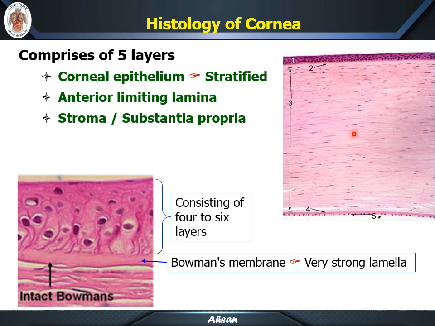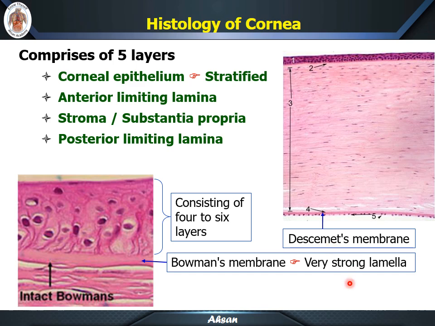It is a very strong lamella and has some protective role. After that, the thickest portion is known as the stroma or substantia propria. This is a connective tissue part and contains specialized ground substance allowing the passage of light, making it transparent. Posteriorly another non-cellular lamella is there, known as the posterior limiting membrane or posterior limiting lamella, also known as Descemet's membrane.